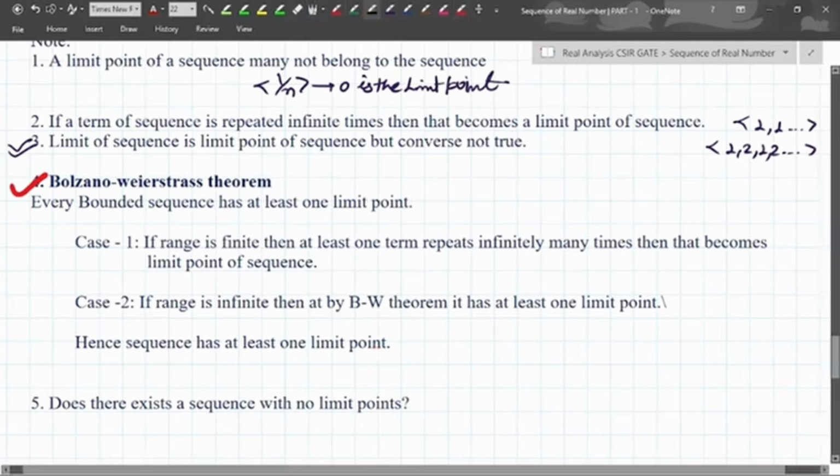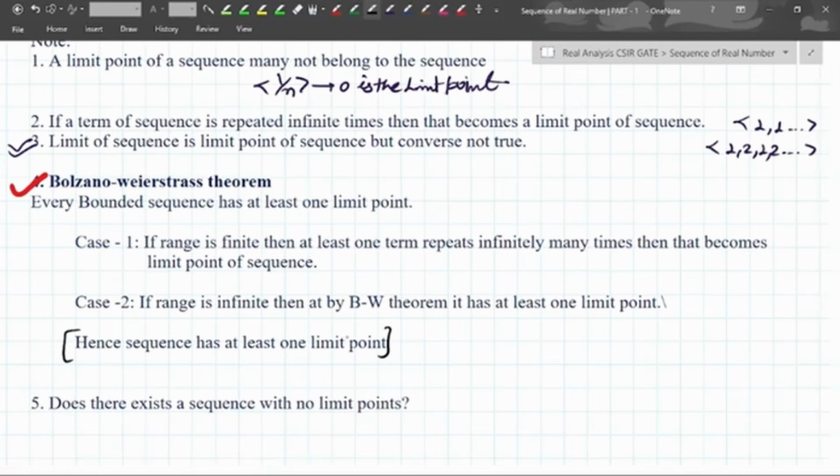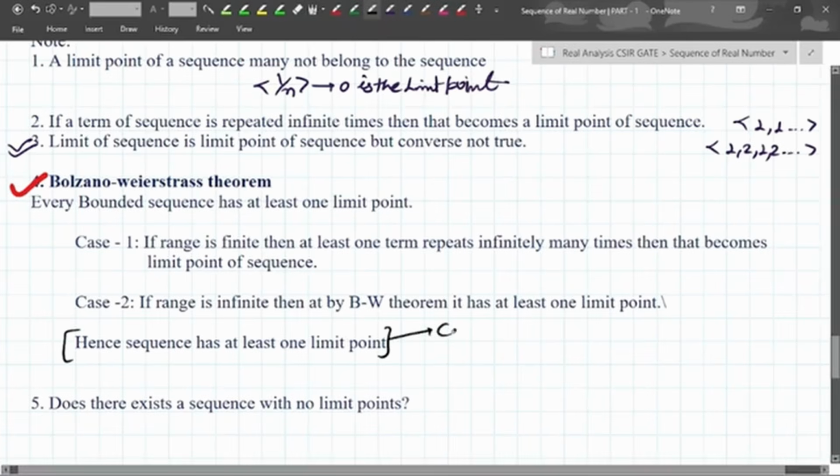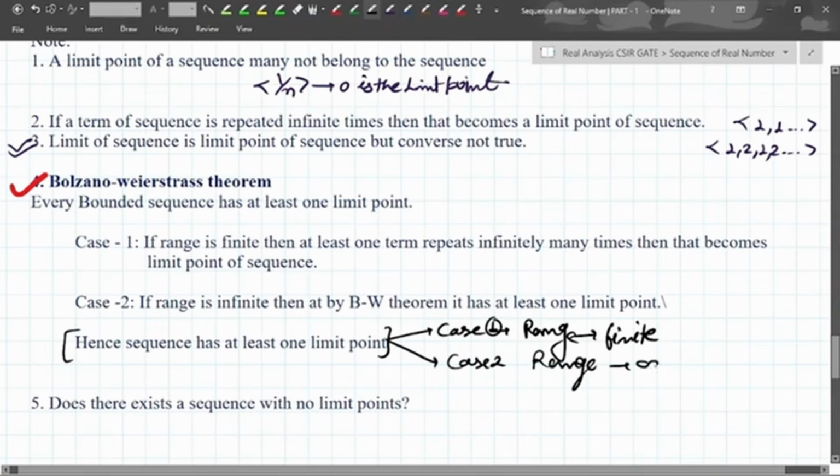Limit point has two cases only. Case number 1 is that the range is finite, and case number 2 is that the range is infinite. I will discuss both cases.